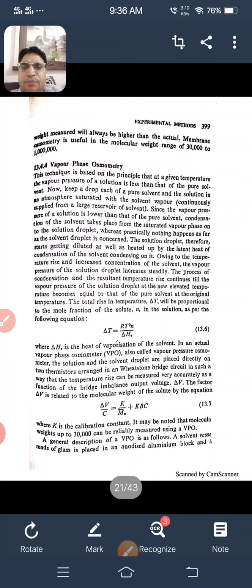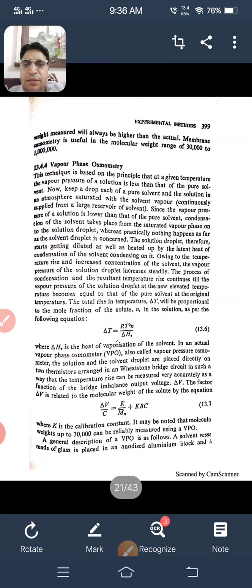Since the vapor pressure of the solution is lower than that of the pure solvent, condensation of the solvent takes place from the saturated vapor phase onto the solution droplet, whereas practically nothing happens as far as the solvent droplet is concerned.